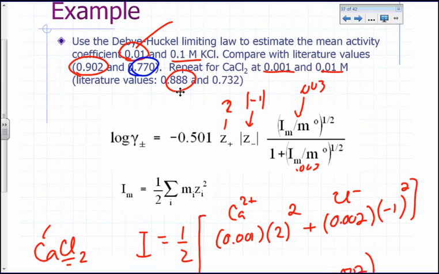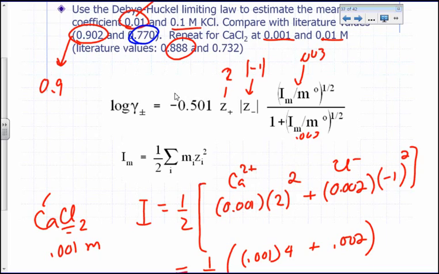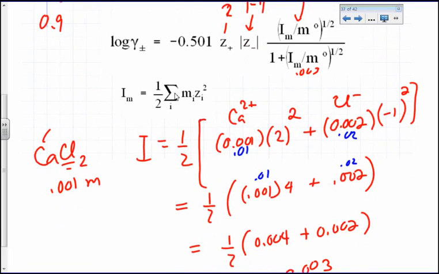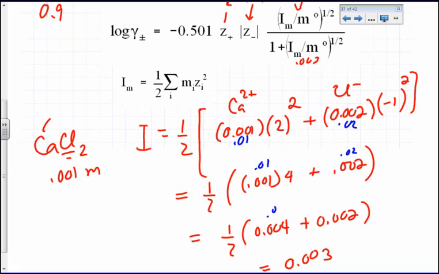Let's try 0.01 this time. Remember, our 0.01 for KCl was 0.9, so it's pretty close to the literature value. Let's look at 0.01 for calcium chloride. What would that be? If this is 0.01 and that's 0.02, this is going to be 0.04, and this is going to be 0.02, and that will be 0.03.